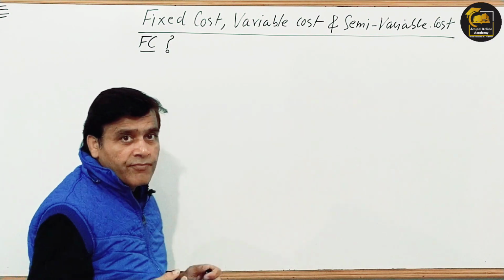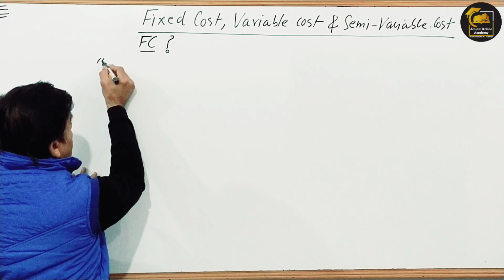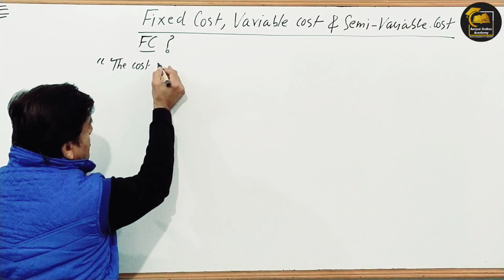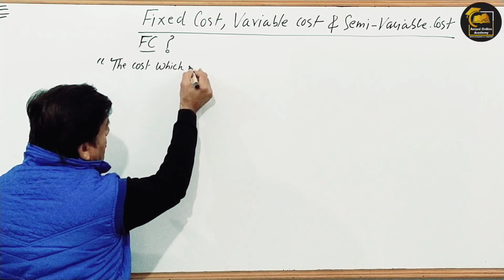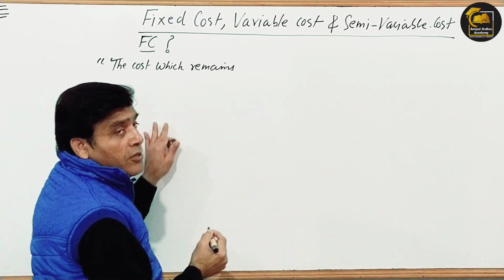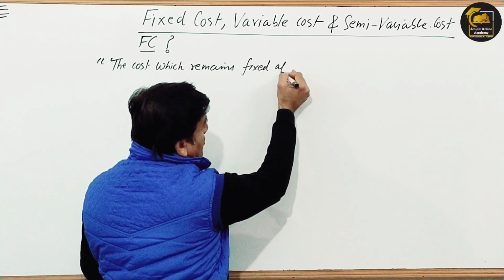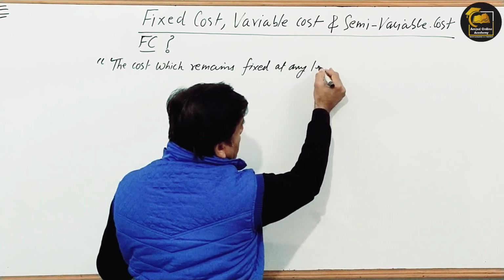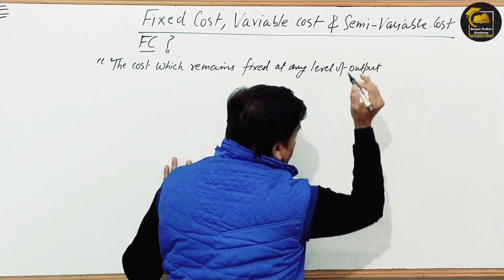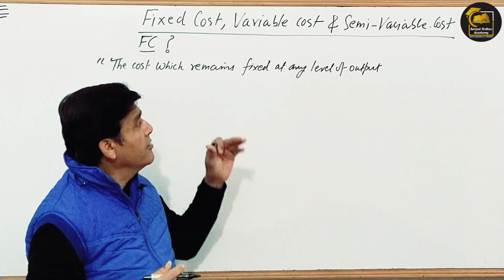As the name indicates, look, as the name indicates, the cost FC is the cost which remains fixed at any level of output. The cost which remains fixed at any level of output, this is known as fixed cost.